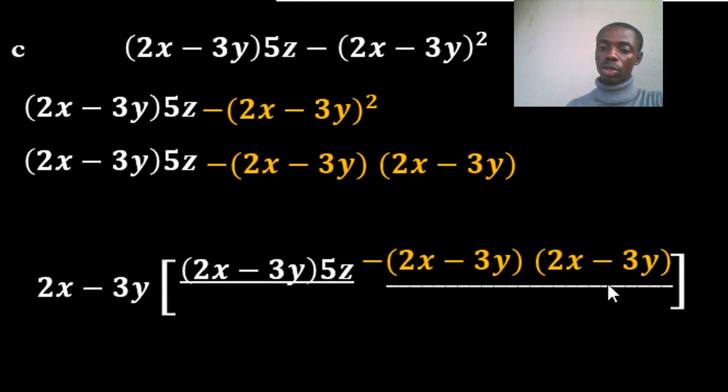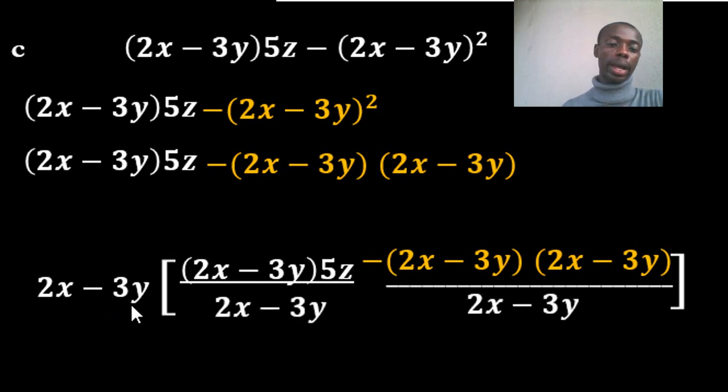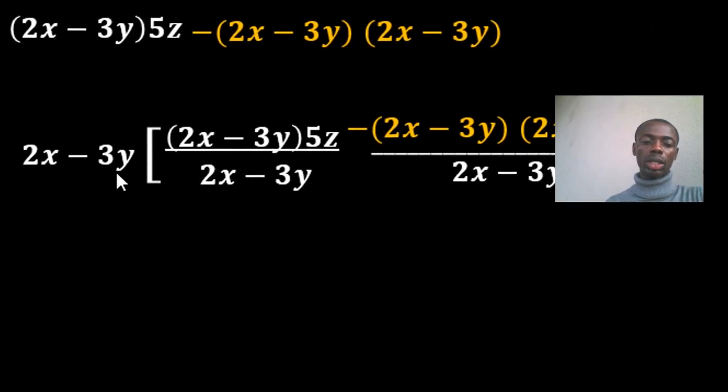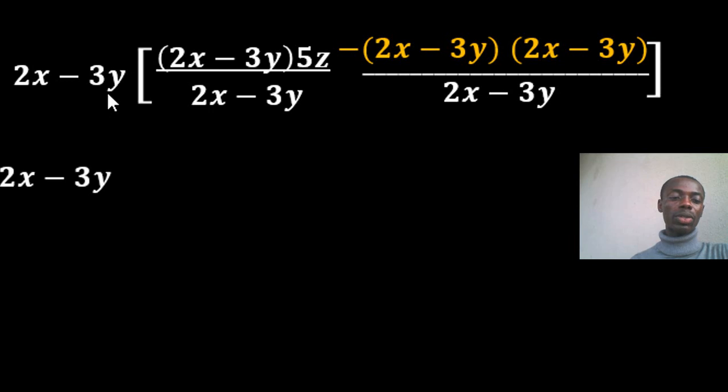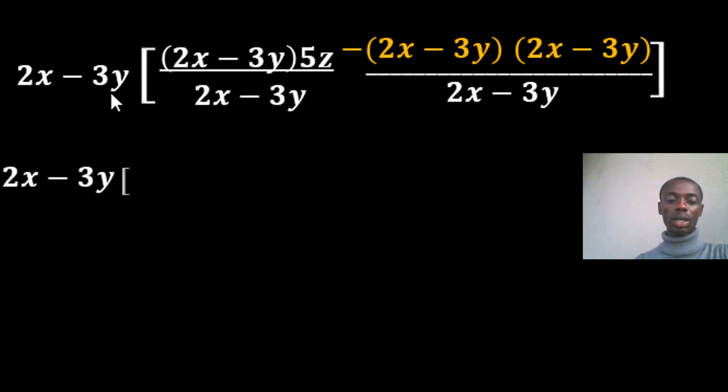And if that is it, then let's divide both terms by 2x minus 3y, which happens to be a factor. So 2x minus 3y, 2x minus 3y, dividing both. So what do you think we're going to be having left? So I'm having 2x minus 3y, open our square bracket. So for the values in white, what am I having left?